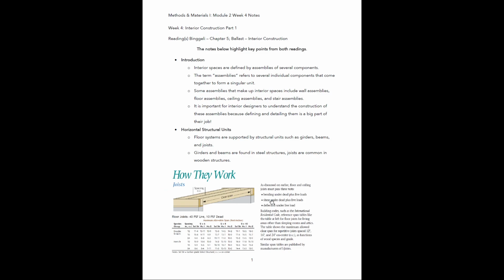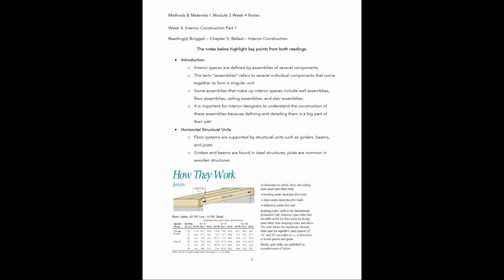So when I'm talking about joists, I guess you could refer to them as like beams, but they are horizontal members that span between two supports, okay? And these are what your flooring material is sitting on top of, okay? So this is your main structural support for your flooring, all right?